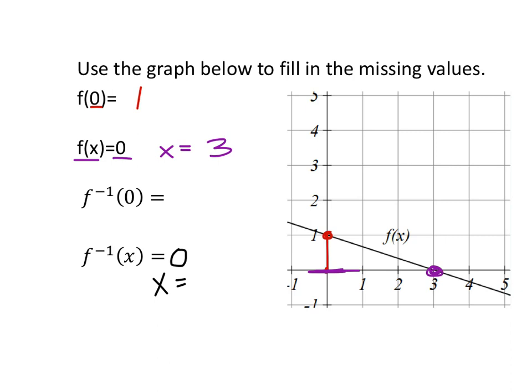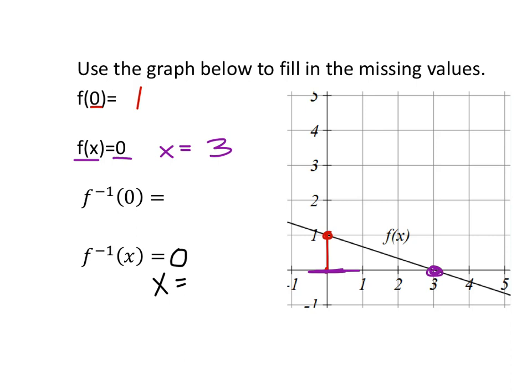Now this next part is the inverse, f inverse of 0. So that looks like x is 0 in this case. So what it's really asking is, when y is 0, what is the x value? Because it's the inverse.